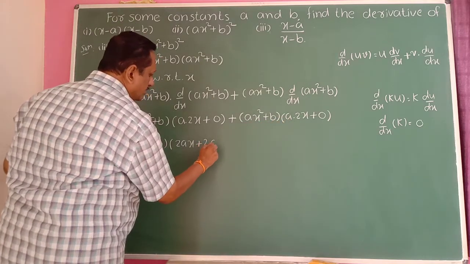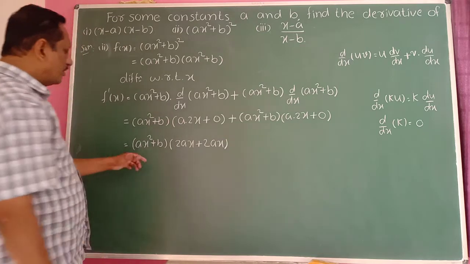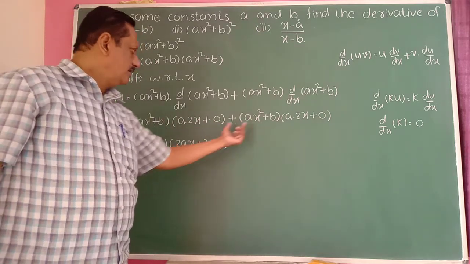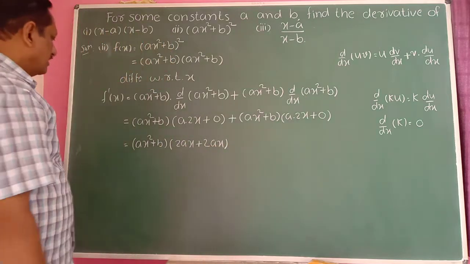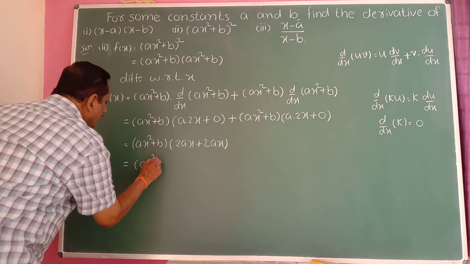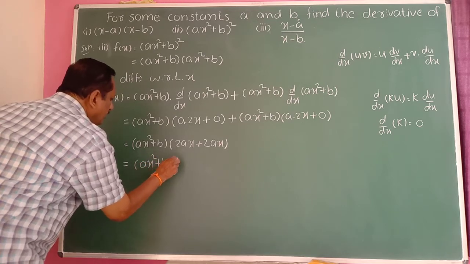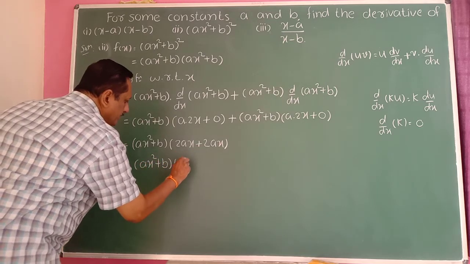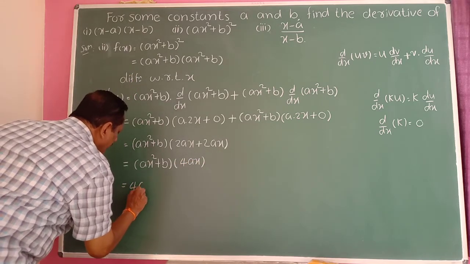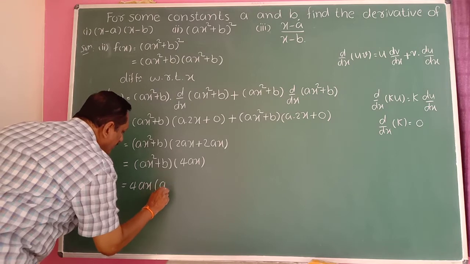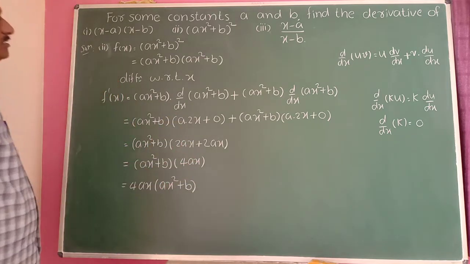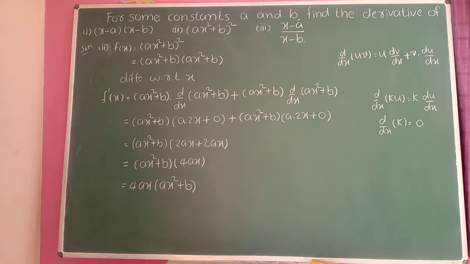Therefore this is equal to (ax² + b) into (2ax + 2ax), which becomes 4ax. So you can write it like this: 4ax(ax² + b). So this is the answer here.